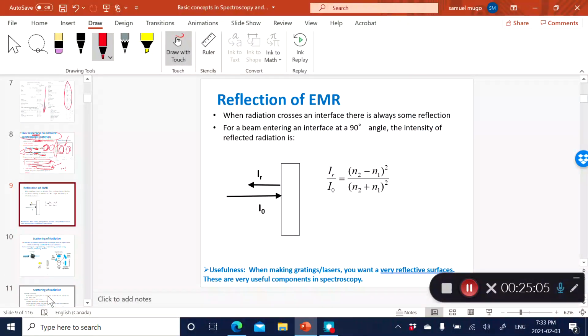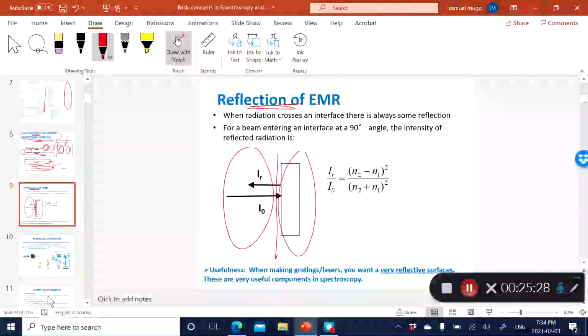Now, another important behavior of light as it impinges on materials is what you refer to as reflection. Reflection often happens at interfaces between two different materials. I think reflection is fairly common, especially for mirrors, and so on.